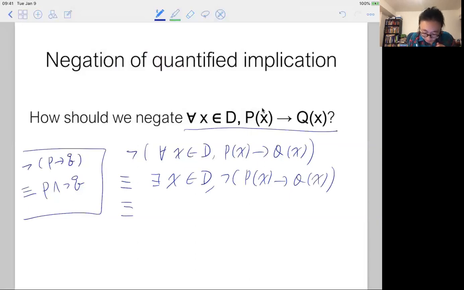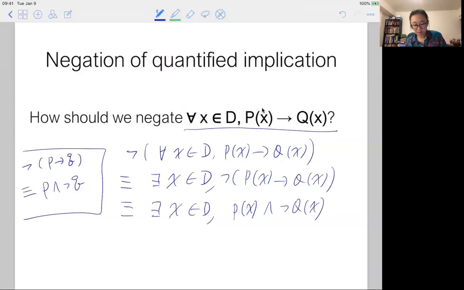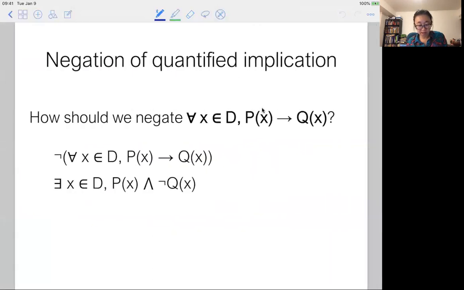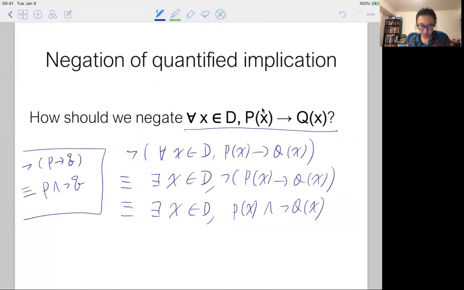As I showed on the left-hand side, the negation of P implies Q is P and not Q. So this is P(x) and not Q(x). That's it. I have typed the result here, so it's easy for you to review it later.